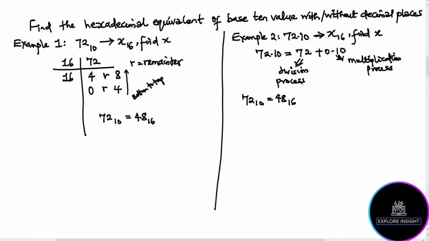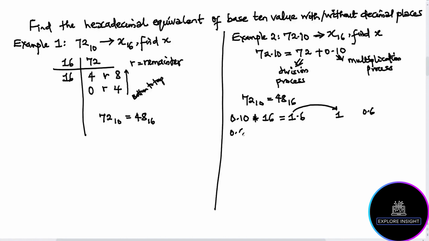Having gotten this, let's check for 0.10. We said we are going to use the multiplication process. Given the destination base value of 16, we'll multiply through by 16. 0.10 times 16 will give us 1.6. Move the 1 over here, we'll have 1. 1.6 minus 1 will give us a remainder of 0.6.